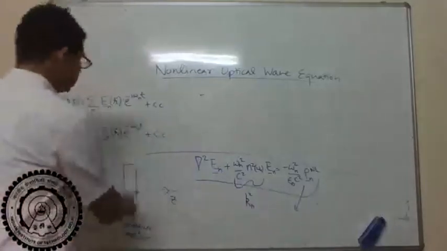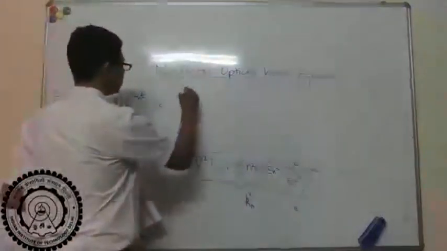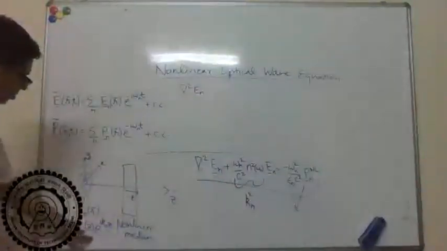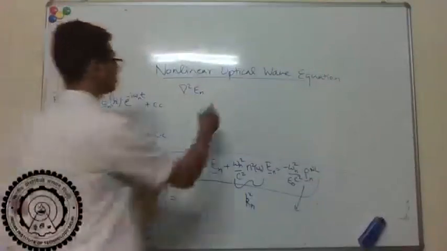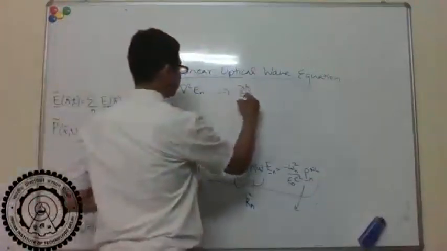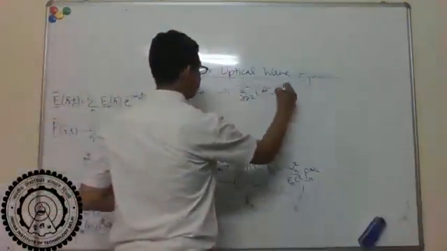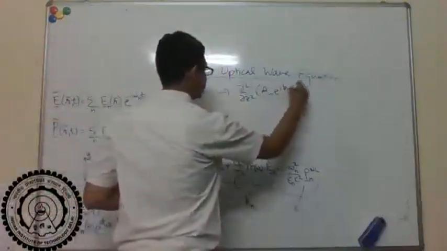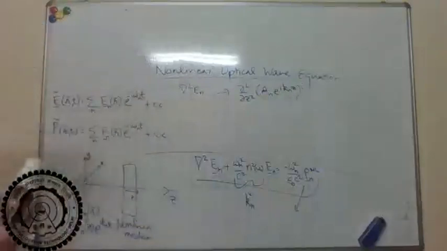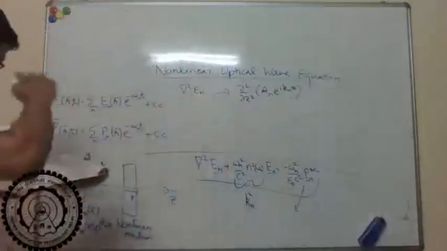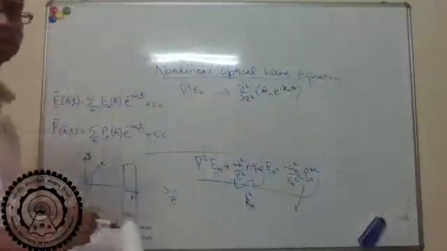Okay, so basically del squared of En, when we take En as An of z times e to the i kn z, just becomes del squared by del z squared of An e to the i kn z. Now An is also a function of z. The screen is blank again. I'm not able to see the blackboard.